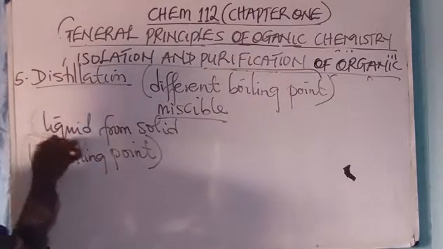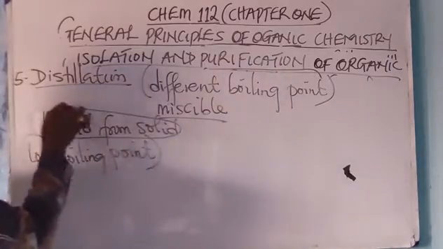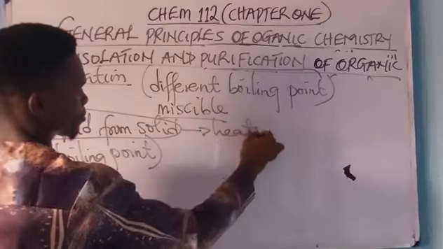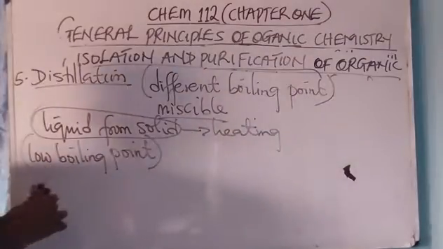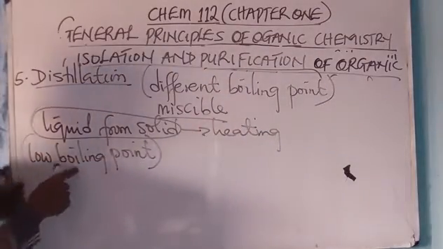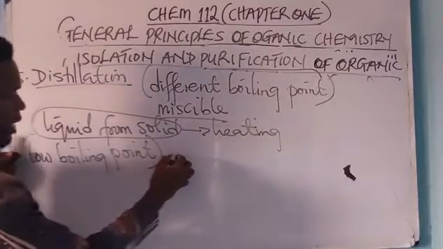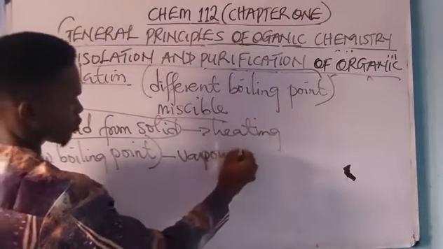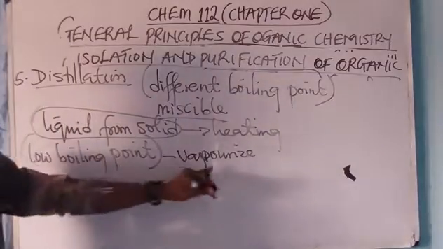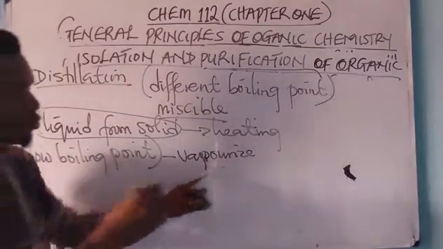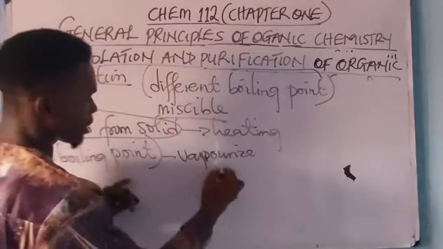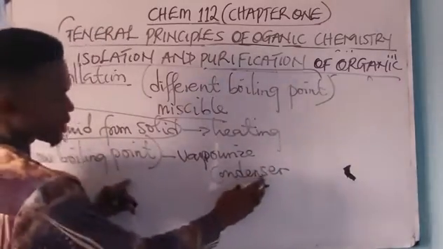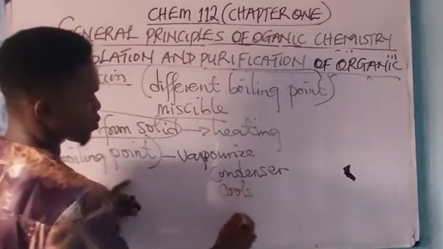When you have liquid and solid in the same mixture, you heat. After heating this mixture, because of the low boiling point of this liquid, it will vaporize. As soon as it vaporizes, it is passed into a condenser, where it cools.